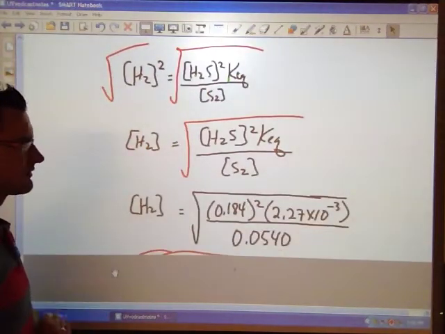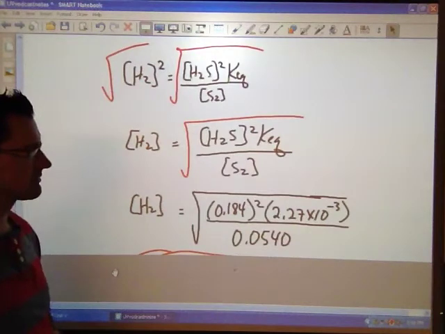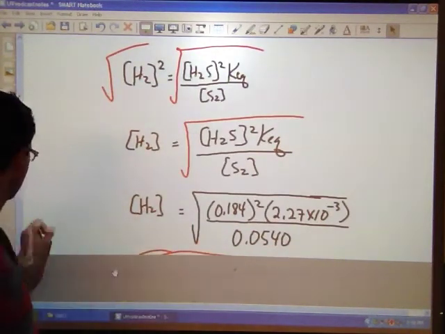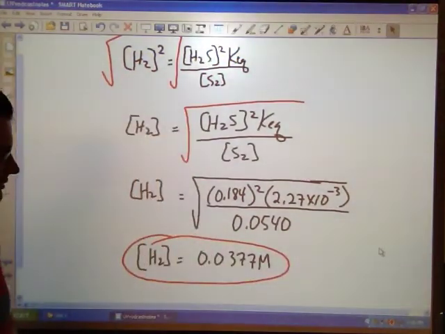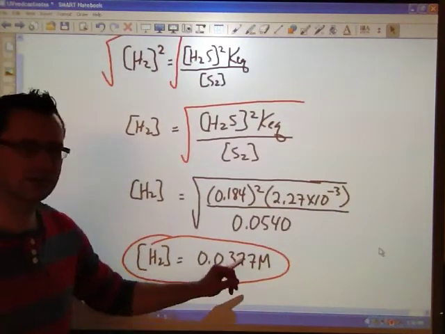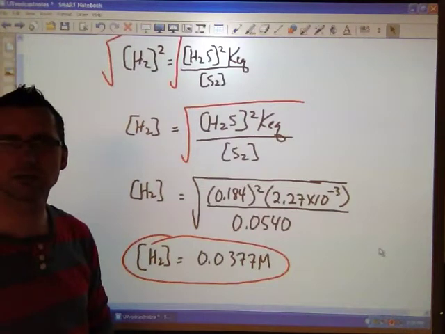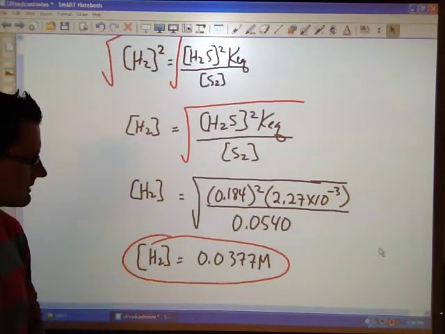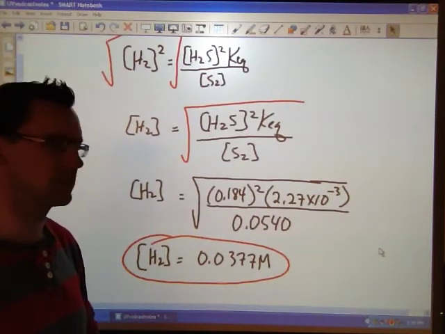Then substitute the values in from the original question: 0.184 squared multiplied by 2.27 times 10 to the minus 3 divided by decimal 0.050. Then I square root all of that once I calculate it. When you do that, you get decimal 0.377. We have to have a unit here because it's concentration: molar or moles per liter will work. So run through this on your calculator and make sure you get that answer. Solving for the concentration involves a little bit of manipulation, but you can definitely do it.